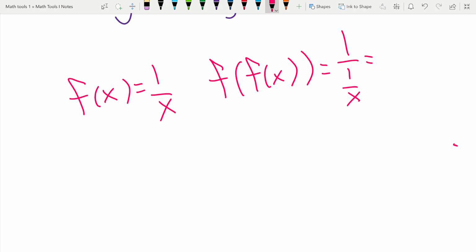This is the same thing as 1 times x over 1, right? We think of this as same change flip, in other words, multiply by the reciprocal. So we get x. f of f of x equals x. We don't need to do it in both directions here because it's the same thing, in this case, because these are the same functions. So we can confirm here that f of x equals 1 over x is its own inverse.